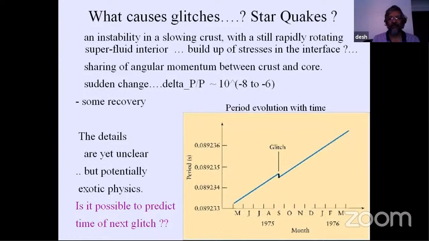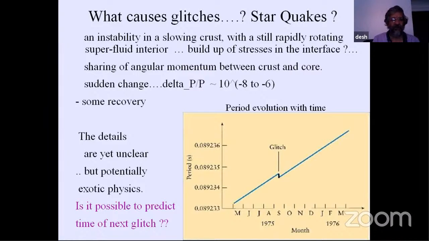Regarding the glitches, I'm sure Sushant must have talked more elaborately on this. I myself mentioned one particular example where the glitches, or sudden changes in the period, where the slight spin up is seen of the star. Particularly what we see is the crustal behavior.